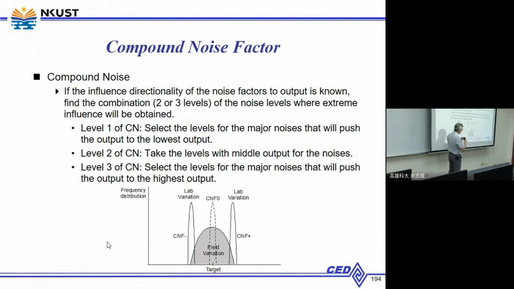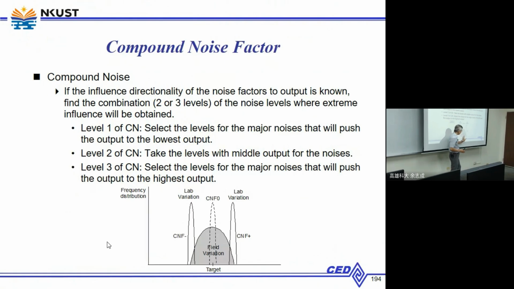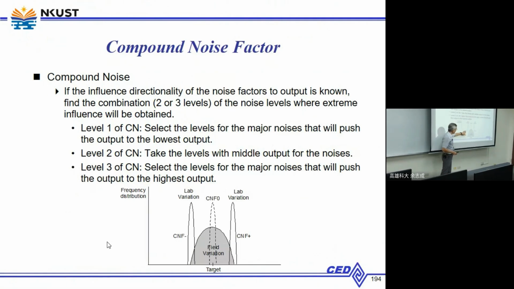So if we can find out what combination of those noise factors will push our output to the maximum, we can call it compound noise factor plus. And also another combination of the noise factors, which will push our value to the lowest bound, we can call compound noise factor minus.